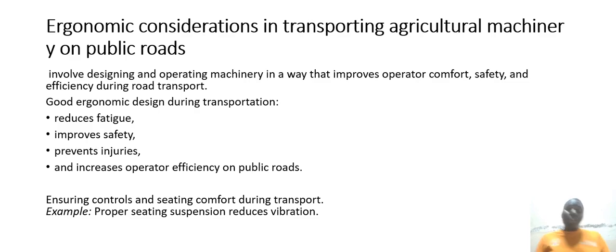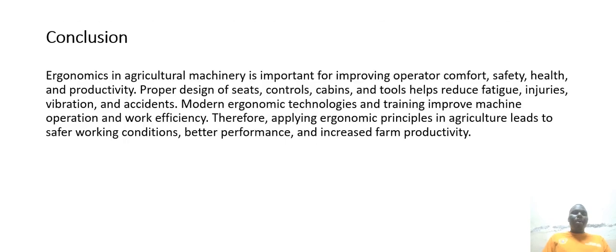That is very important in ergonomics, by ensuring control and seating comfort during transport. Example, proper seating and suspension reduce vibration. Number 46 is the conclusion. Ergonomics in agricultural machinery is important for improving operator comfort, safety, health, and productivity.